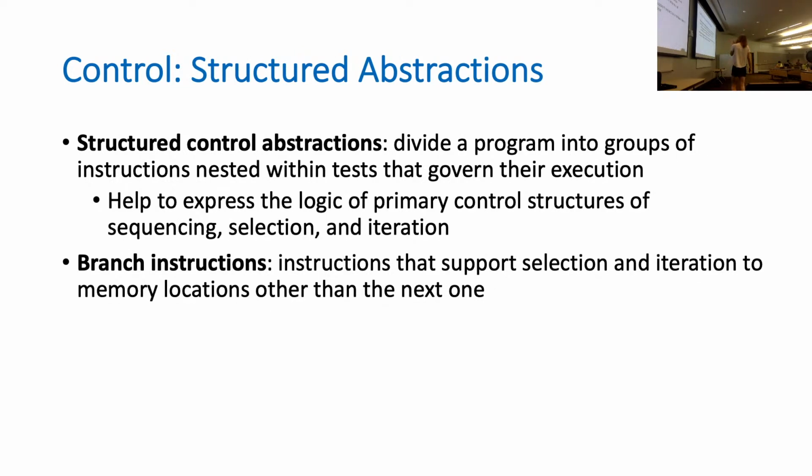We also have structured control abstractions, which divide the programs into groups of instruction nested within tests that govern their execution. Control structures of sequencing, selection, iteration, branch instructions. So basically, we're abstracting away from the machine language need of just executing sequentially and having to manually implement your structures.